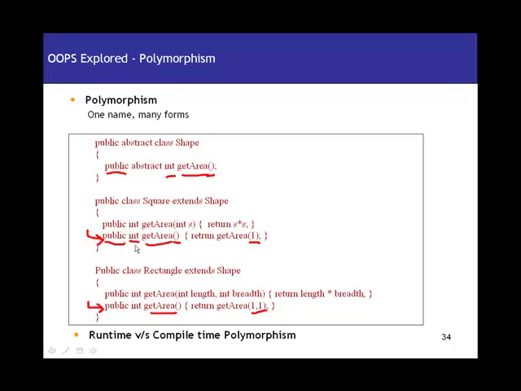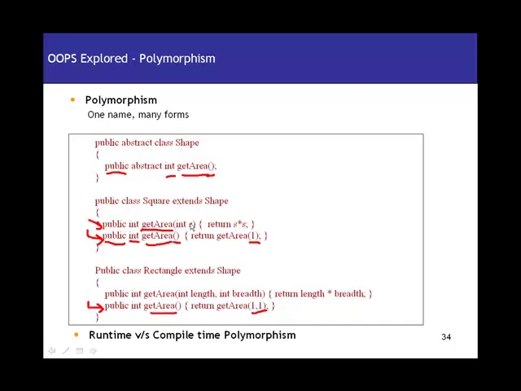What is overloading? While in overriding everything should be the same, in overloading you can only have the method name the same. So the only restriction is that the method name should be the same, and you can have different return types, you can have different numbers of arguments, right? So here, since the method name is the same but the number of arguments is different from that of the superclass method, this is called overloading.